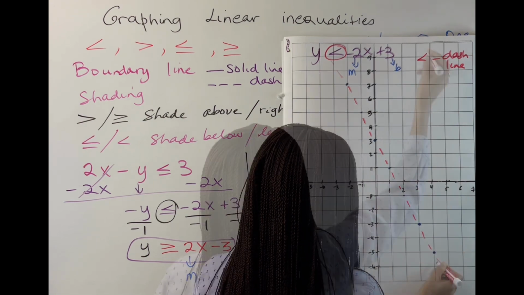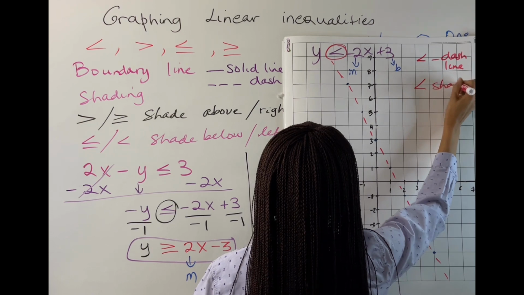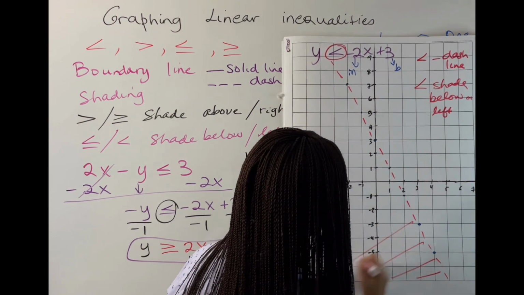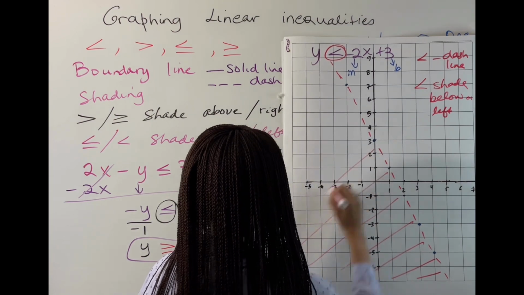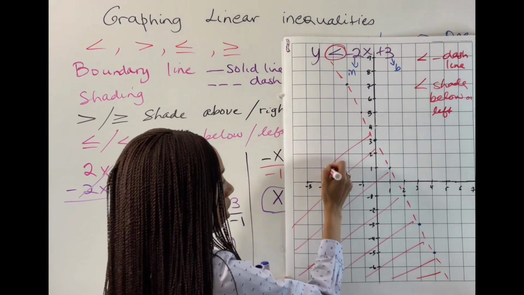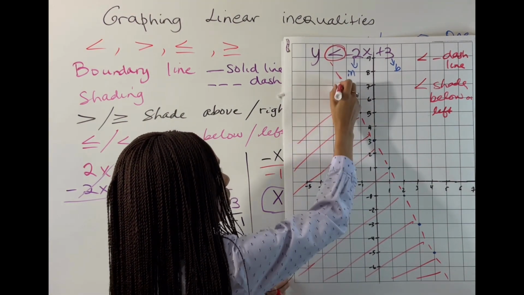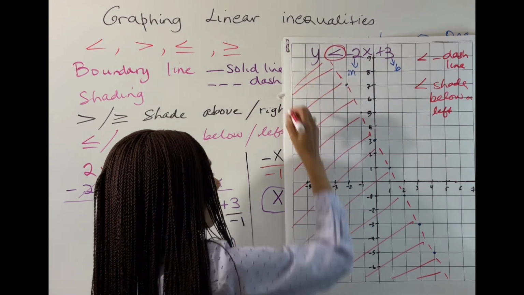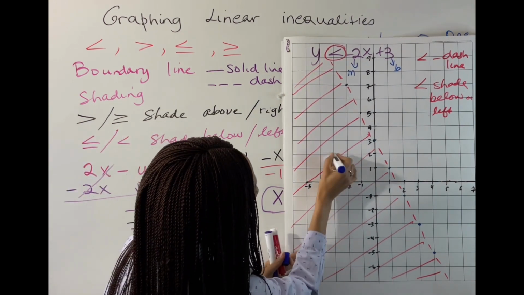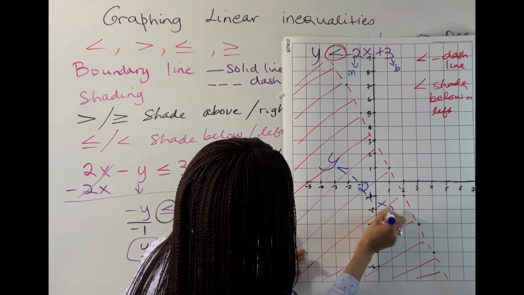Also, because it is less than, you're going to shade below. Notice I'm not stopping here when I'm shading. I'm coming all the way to the end of the grid line. And I'm going to label that area as y is less than -2x plus 3.